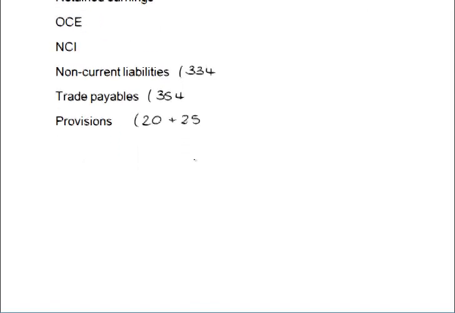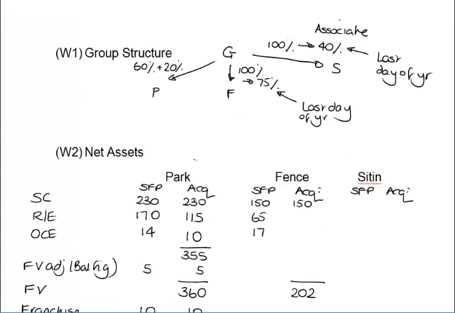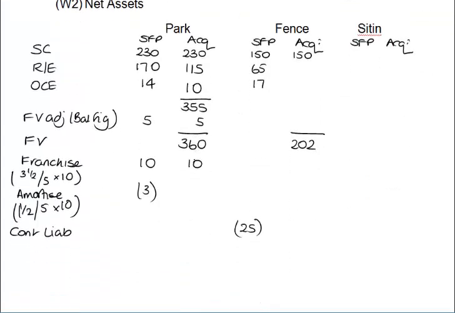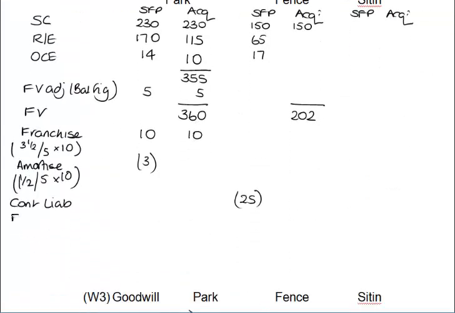So what we're going to do here is we go back down to our working, fair value, PPE adjustment. I'm going to increase the net assets of Fence by 4 million, and also at the SFP date.